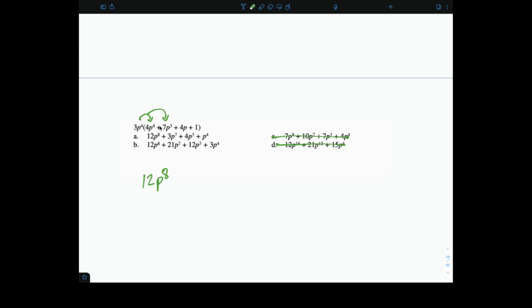The next one would be 21p to the 7th, which means A is gone. But I don't just say, okay, that's going to be the answer. No, you keep going. Plus 12p to the 5th plus 3p to the 4th. All right, and that clearly matches up with B, so there's my answer.